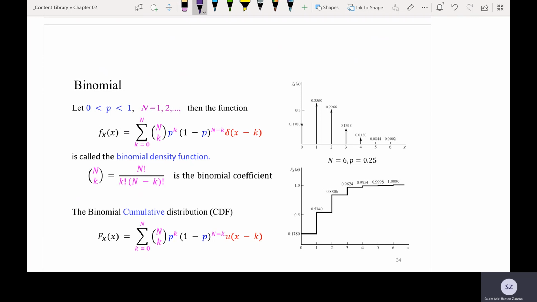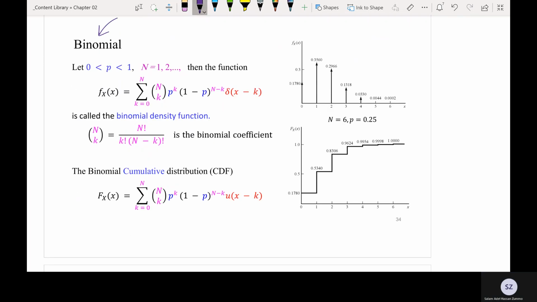Now, a binomial random variable is a random variable that describes such properties. In a binomial random variable, we define P to be any probability between 0 and 1, and n a specific number, which is the number of repetitions of certain Bernoulli experiments.